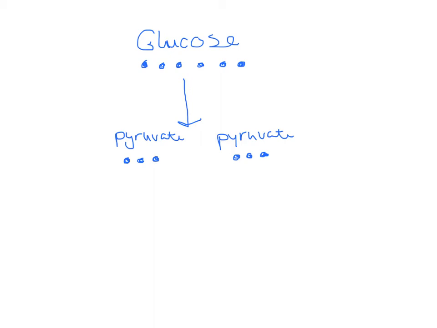So when you ferment, when you're going through fermentation to produce ethanol via the pathway that we talked about, the first step is the conversion of pyruvate to acetaldehyde, and we're just going to abbreviate that AC. Now, acetaldehyde only has 2 carbons.